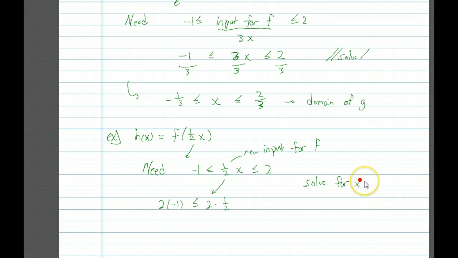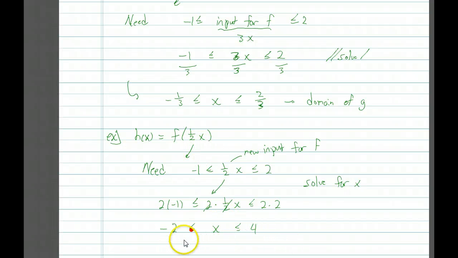We multiply left, middle, and right by 2. 2 times 1/2 gives us 1, and that isolates x for us. We get -2 is less than or equal to x is less than or equal to 4. So that's our new domain, the domain of this new function h, defined by f of 1/2 times x.